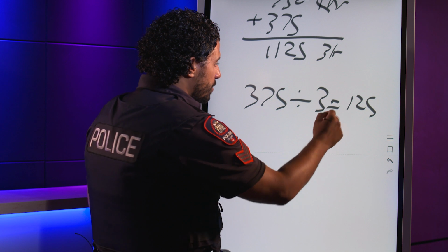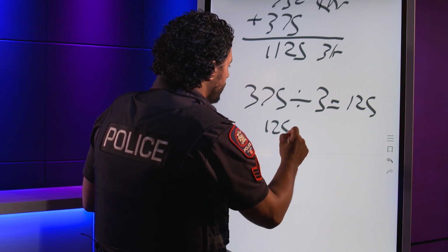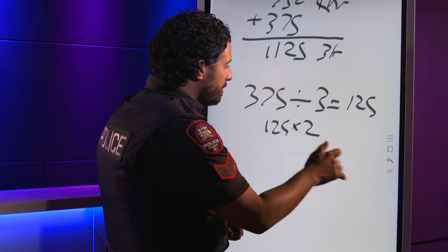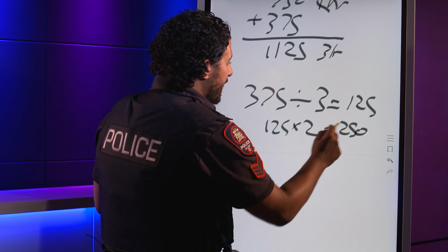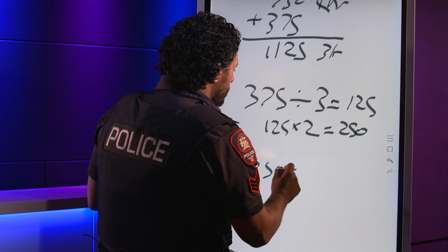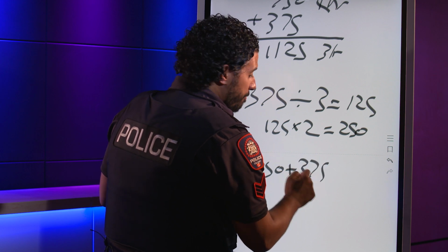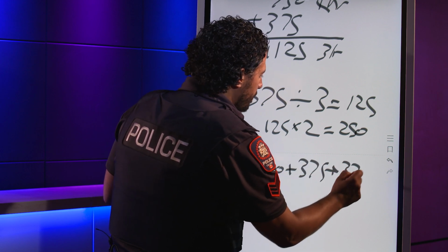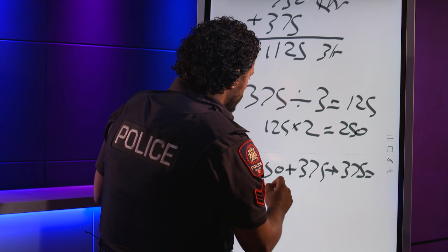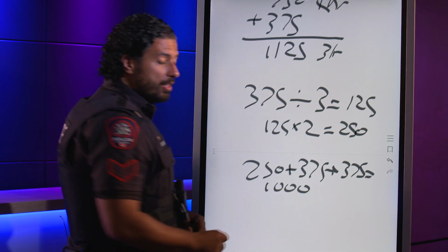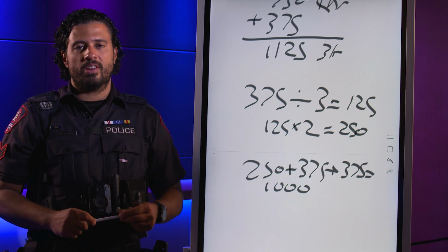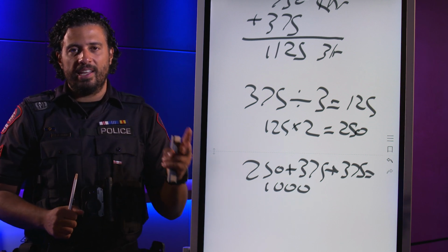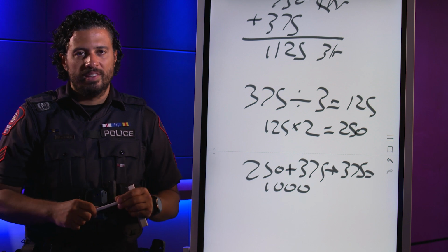Times 2, so 125 times 2, which is 40 minutes. So in 40 minutes, I produce 250 sausages. Add that 250, plus my 375 per hour, plus another 375 per hour, and that equals 1,000. So that's how you know that in 2 hours and 40 minutes, you get 1,000 sausages with both machines A and B working at their respective rates.